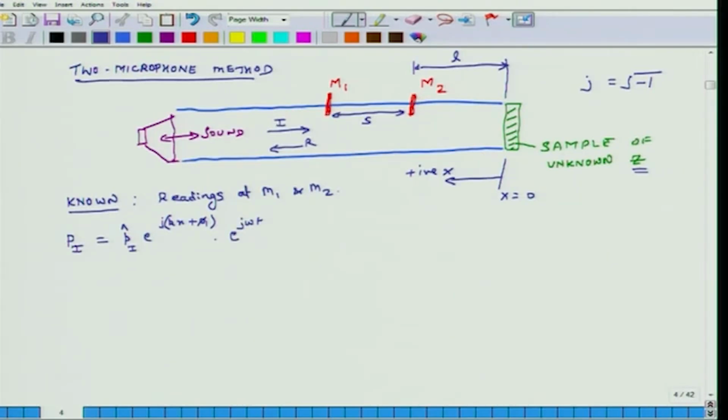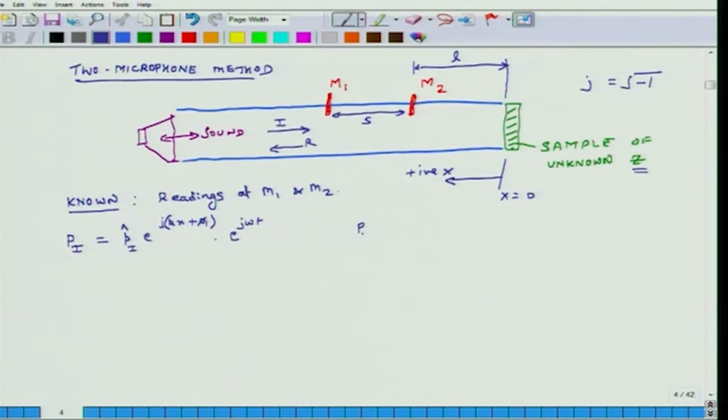Now in the original transmission line equations, the incident wave had a coefficient of negative j, e to the power of minus j kx. But here I am putting it positive because my x direction is changed and positive x is moving in the left direction. So this is important to remember.